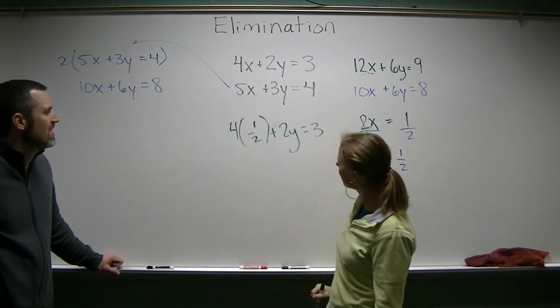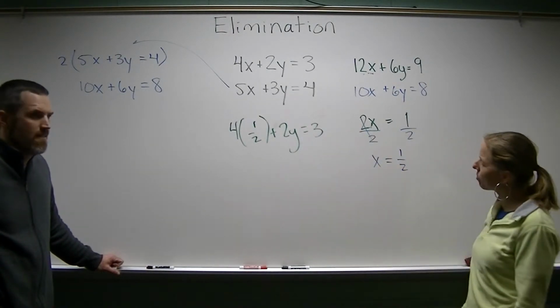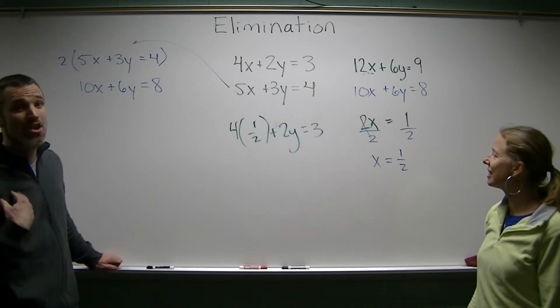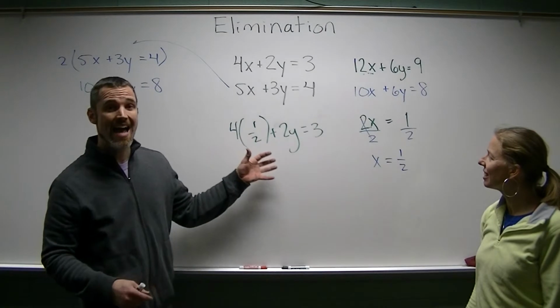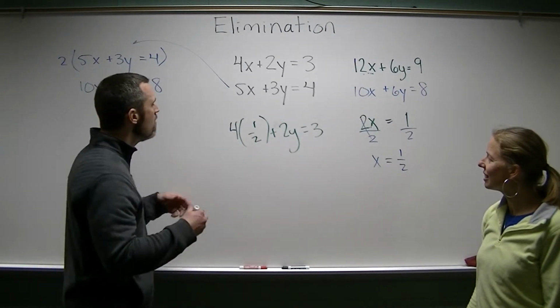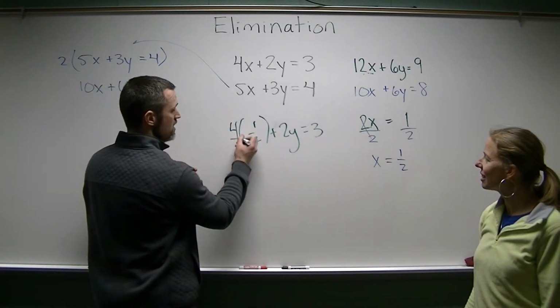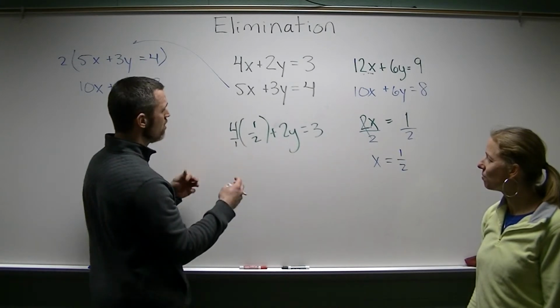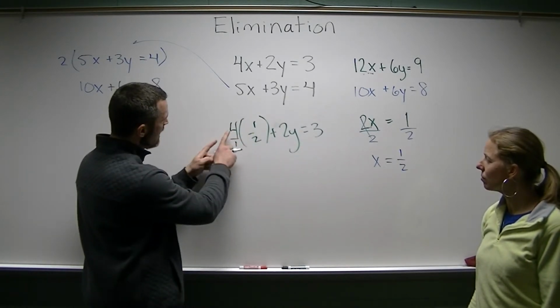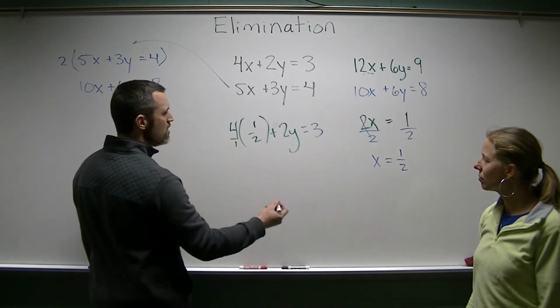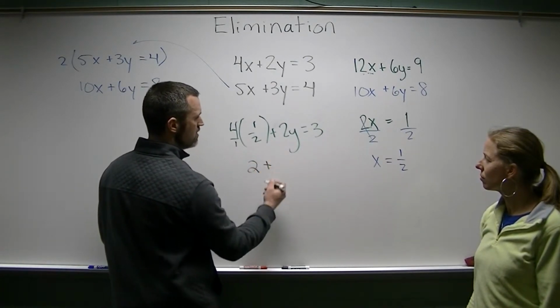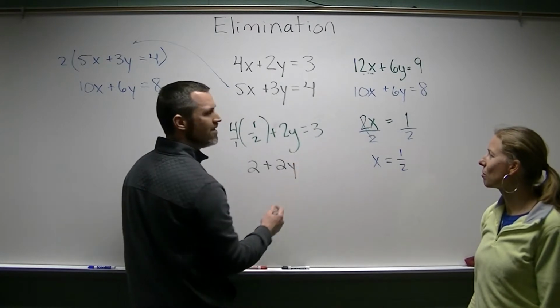Mr. Painter needs to work on some multiplication of fractions, so go ahead, Mr. Painter. 4 times 1/2. Well, I know what the answer is, at least I hope I do. 4 halves of a pizza is 2. But I could always look at 4 as 4 over 1 if I want the common structure, so I can just multiply straight across. And I get 4 over 2, and 4 divided by 2 is 2. So we really get 2 plus 2y.